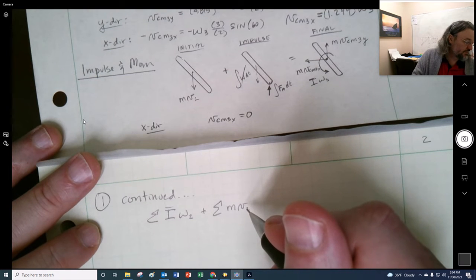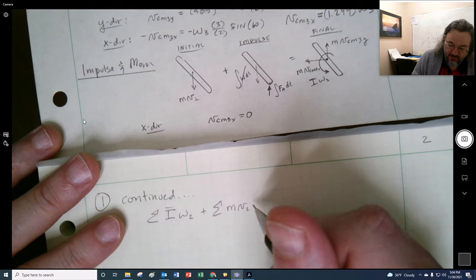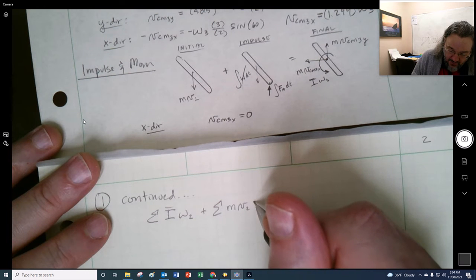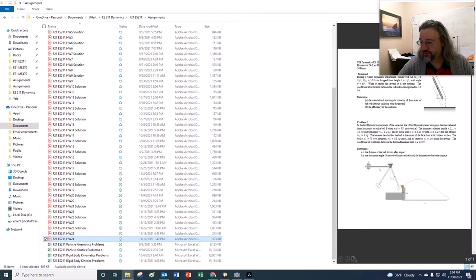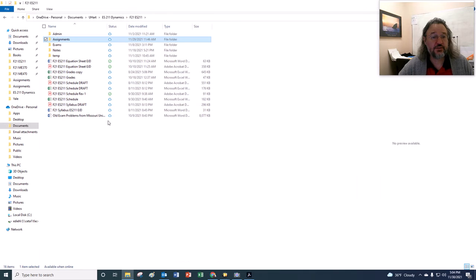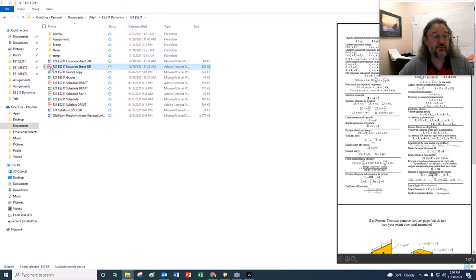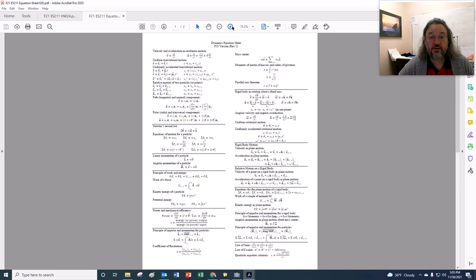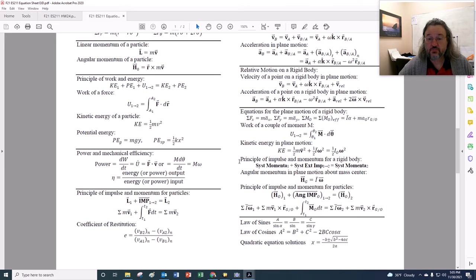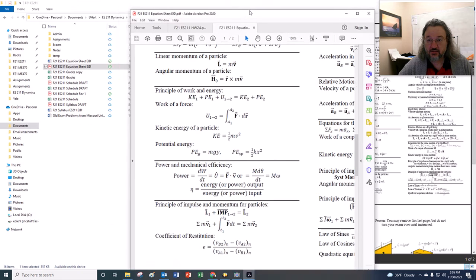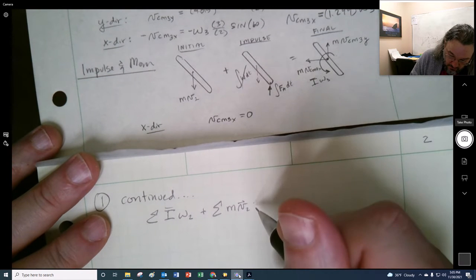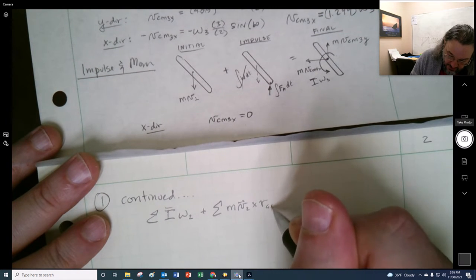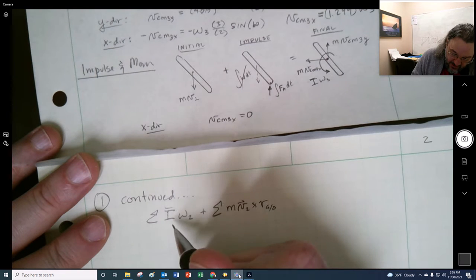I'm trying to remember which order of operation is going to be in there, but it's going to be times the distance. Let me go back to the equation sheet that we use in class and have at our disposal for exams. And yeah, right there. Okay, so we say crossed right there, crossed r_G with respect to wherever we're taking it about, right?